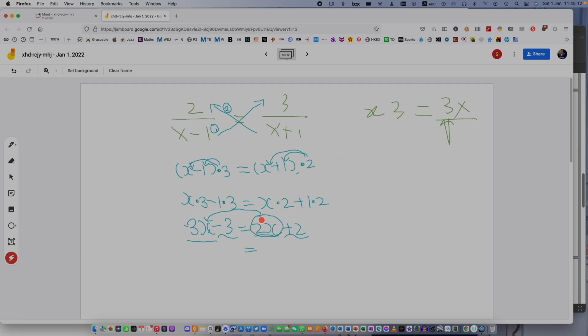All these arrows are tools to help you, but you don't have to show them to your teacher. But at the start, I want you to do all these steps. Yeah, when you move things over, the sign has to be changed. Very good.